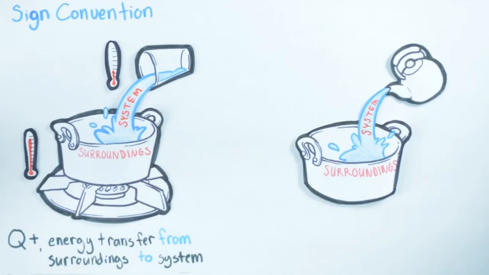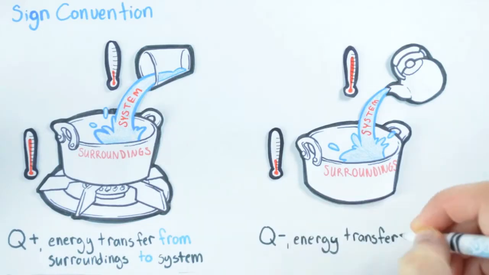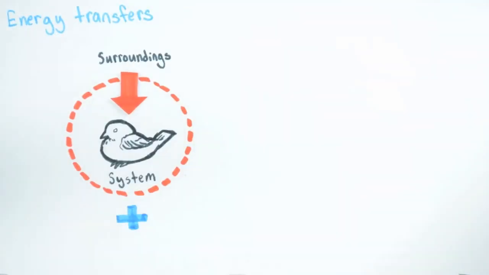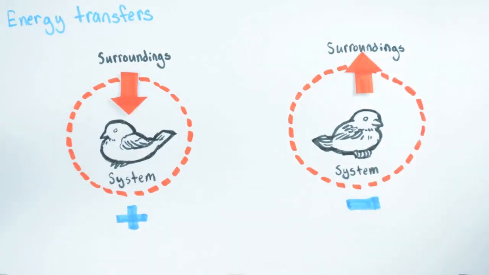By contrast, if the system is at a higher temperature than the surroundings, say we place hot water, the system, in contact with a cool pan, part of the surroundings, then we have Q negative corresponding to energy transfer from the system to the surroundings. Notice this sign convention is consistent for both the work and the thermal transfer of energy. Energy transfers into the system are positive, and energy transfers out of the system are negative for both W, the work, and transfer due to temperature differences, Q.